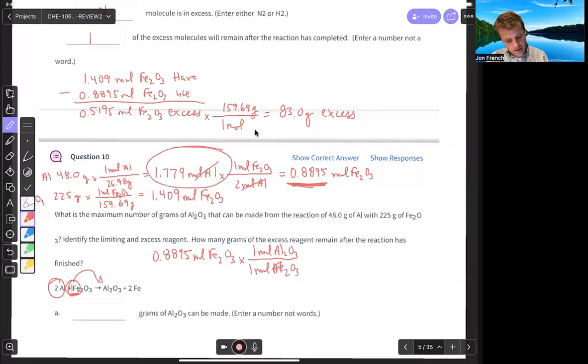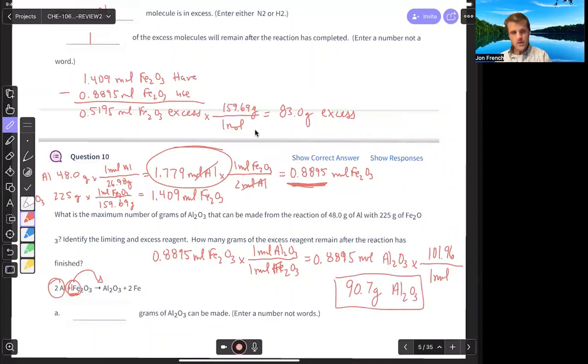So I'm going to make 0.8895 moles of aluminum oxide. And to find the grams of aluminum oxide, the molar mass of aluminum oxide is 101.96. So multiply 0.8895 times 101.96, and I get about 90.7 grams of aluminum oxide that we'll make in that reaction for part A.